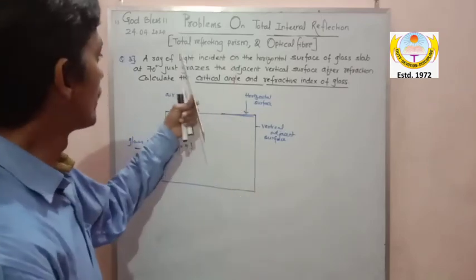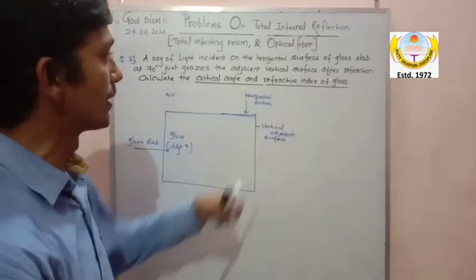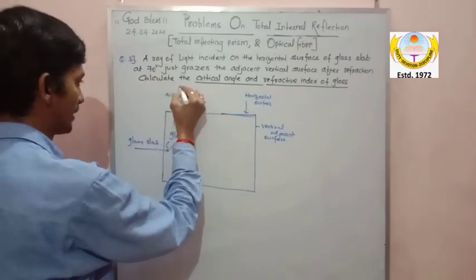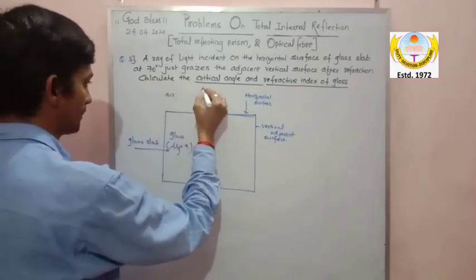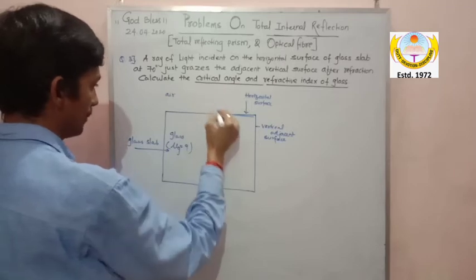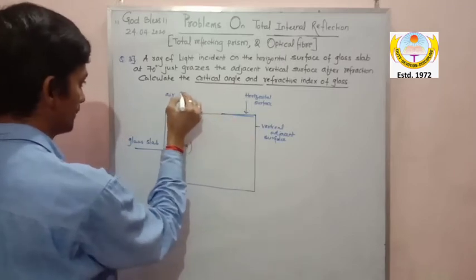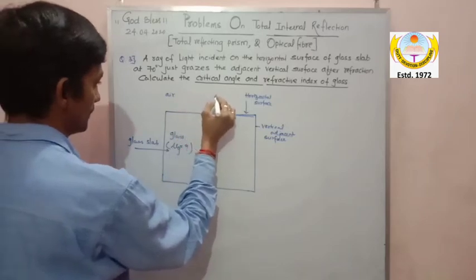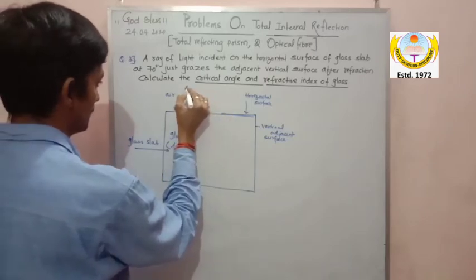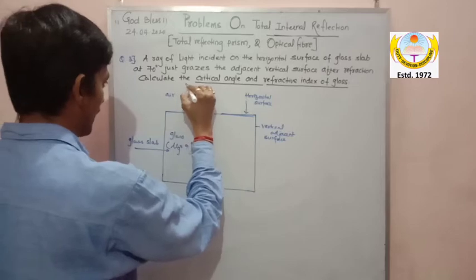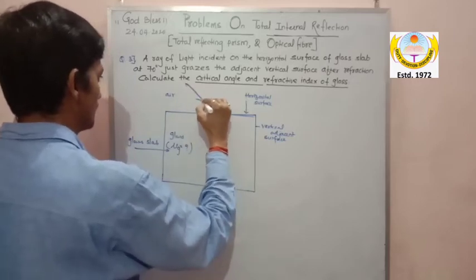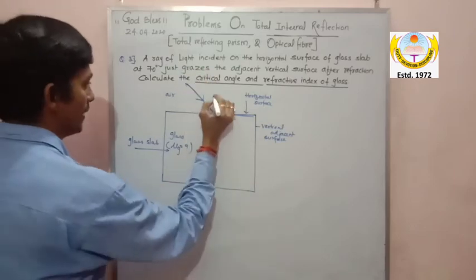So a ray of light is incident on the horizontal surface of the glass slab at 70 degree. So here, my dear, say I have drawn the ray of light. It will be bent towards the normal. So I am drawing from here that this is the ray of light. This is incident ray.